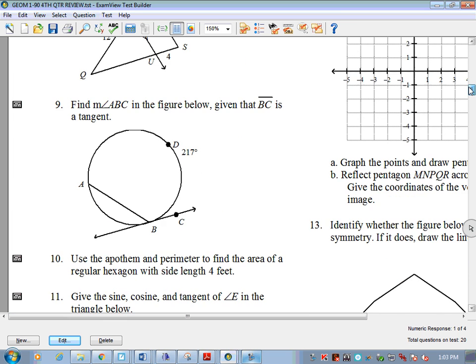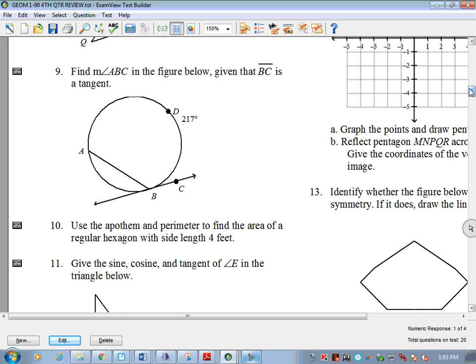Okay, 9. Find the measure of angle ABC given below, given that BC is tangent. Okay, this one is really simple, but again, people are still forgetting how to do these. If I just want to find ABC based upon the information I'm given, what am I going to do?